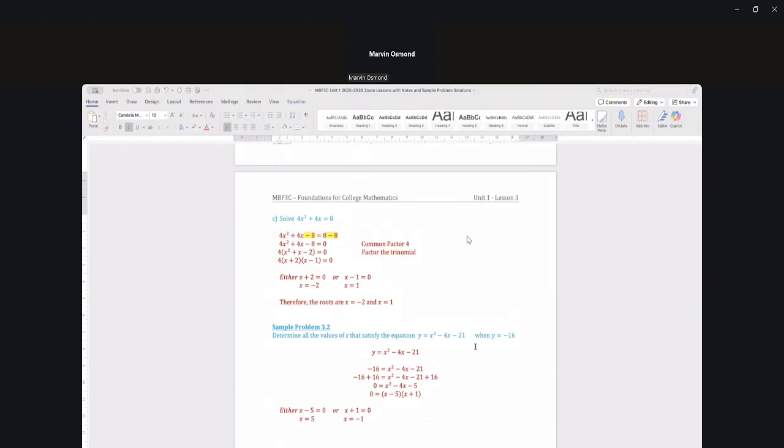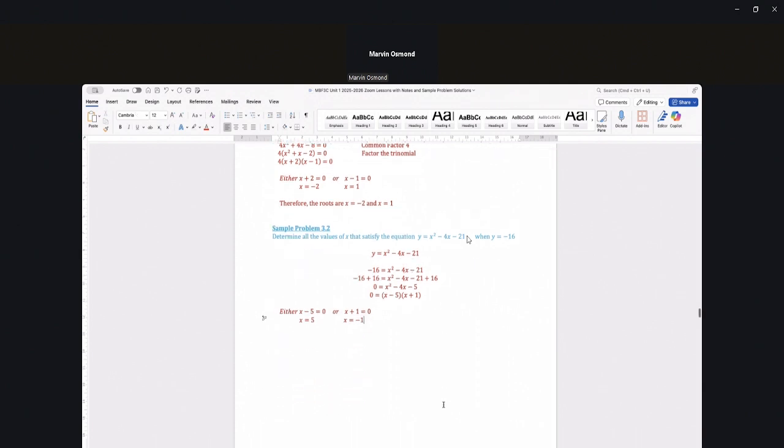When y is negative 16, which is right here, x is negative 1 and x is positive 5. What did we say? Negative 1, positive 5. So this problem is slightly different than the ones before.